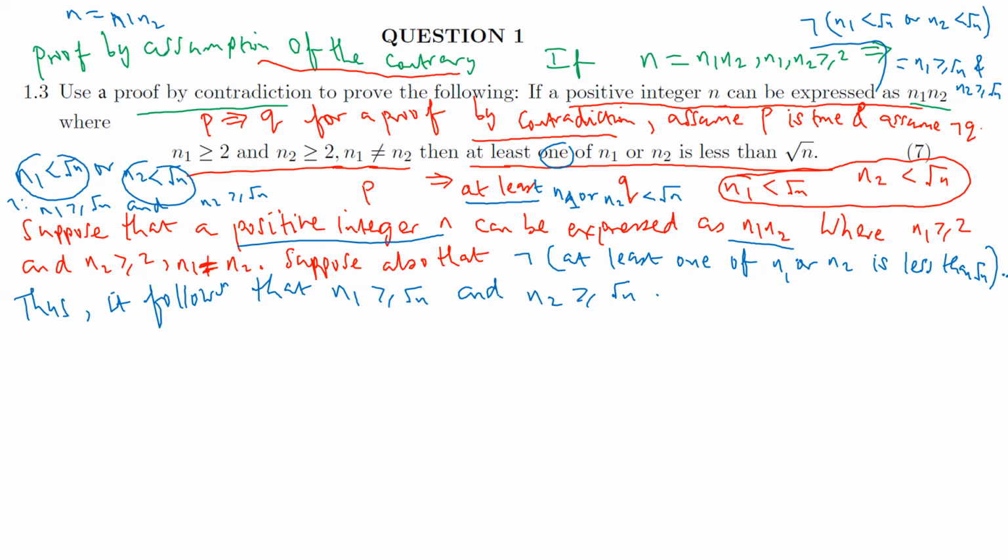What would this mean? If you multiply these two numbers, n1 and n2, because these are positive integers, all of them, we're dealing with positive integers here. So if you decide to multiply them, n1 and n2, thus it follows, hence, you can multiply them.